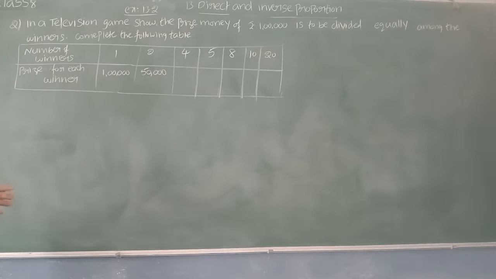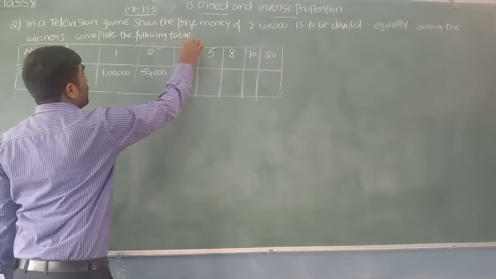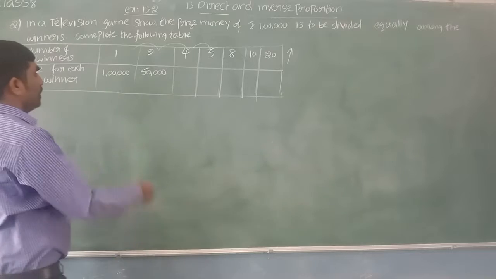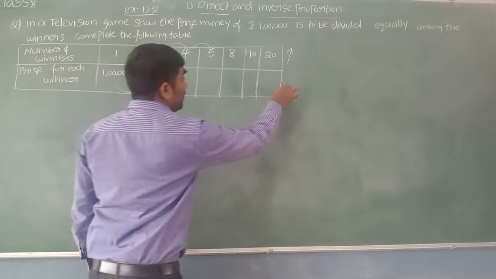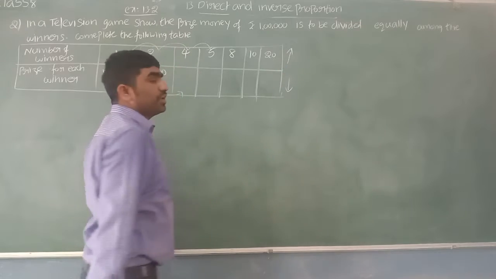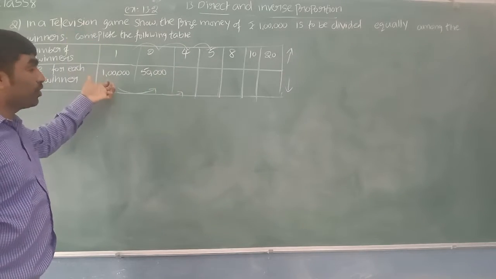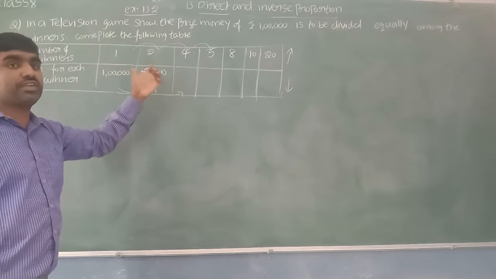And one thing we can see, beta: when the number of winners is increasing, what about this prize money? Prize money is going to decrease. The reason: one winner is there, they will get 1 lakh rupees. Two winners are there, half of that 1 lakh, 50,000.